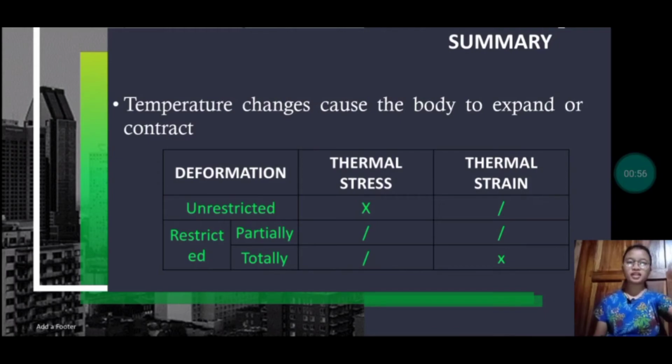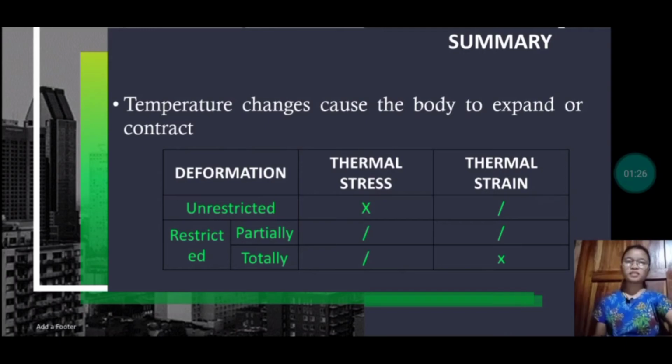Partially restricted, if ang deformation is partially restricted, so since na may wall or barrier na mag-restrict sa iyaha nga mag-elongate further, then it will have a limited elongation. And para mabalik siya sa original position, there will be an internal stress which termed as thermal stress. So, in partially restricted, there will be thermal stress as well as thermal strain.